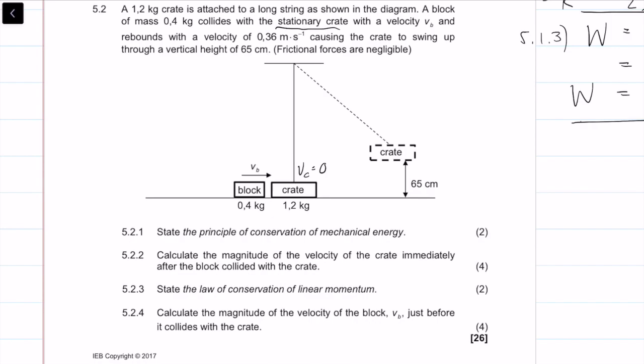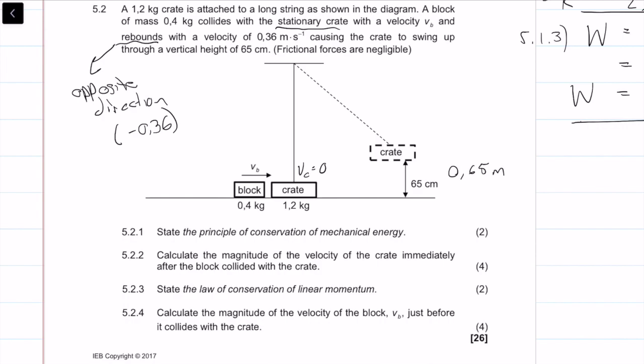Okay, so rebound tells us something that is going in the opposite direction after the collision. After the collision, it's going in the opposite direction. So this would be essentially a minus 0.36, causing the crate to swing through a vertical height of 65 centimeters or 0.65 meters.